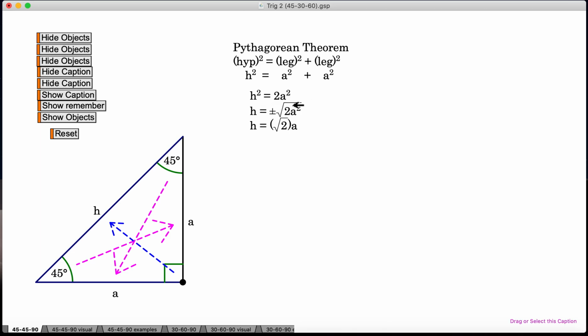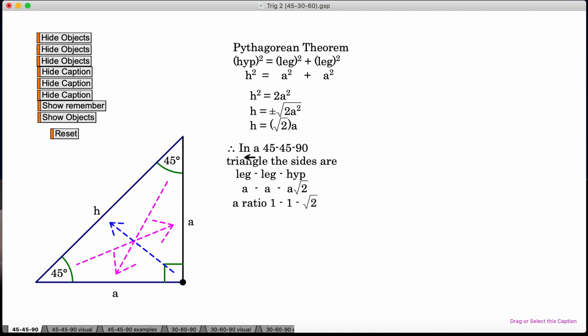H is equal to plus or minus the square root of 2A squared. H has to be positive because it's a length, so H is the square root of 2 times the square root of A squared, which is A. So the hypotenuse is equal to root 2 times A.